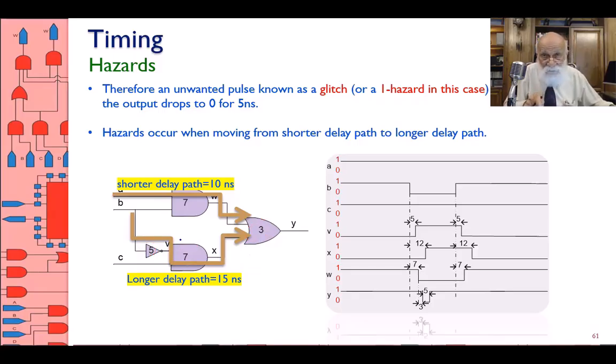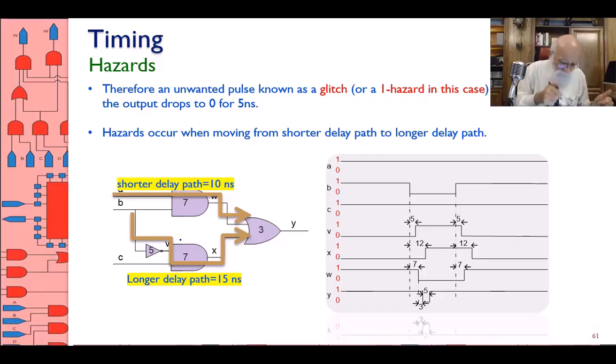If B changes so that the shorter delay path is switching to the longer delay path, it means that the shorter delay path will go through the longer delay path, which hasn't gone through yet. And therefore you get a glitch. Therefore you get a hazard.